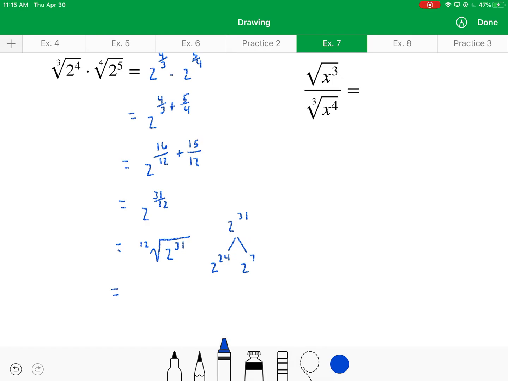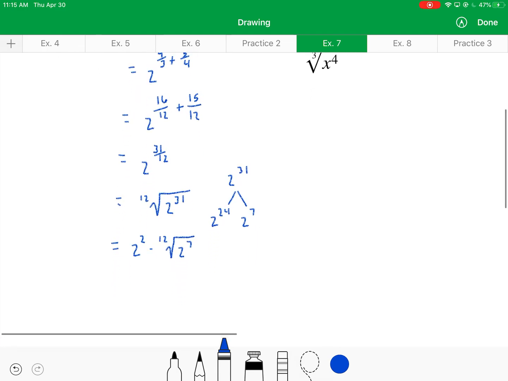Okay, now if I take the 12th root of 2 to the 24th, wouldn't that just be 2 squared? Right, 24 divided by 12 gives me 2. And then I would have that be multiplied by the 12th root of 2 to the 7th. Okay, and then, of course, I can change the 2 squared to 4.